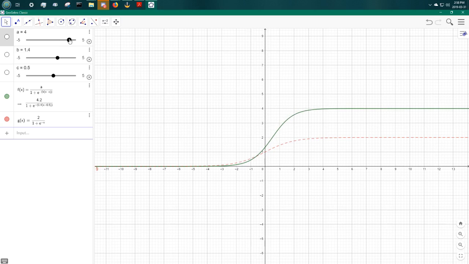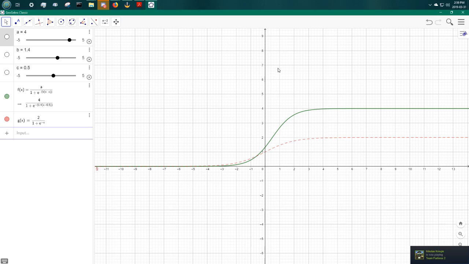So if let's say I have a at 4, that means that my function f of x has a limit as it approaches 4, meaning it will never ever cross 4. And the same can be said for the reverse direction, where I can say the limit as it approaches negative or 0, it will never cross in that direction.